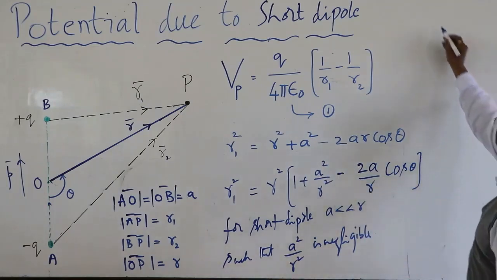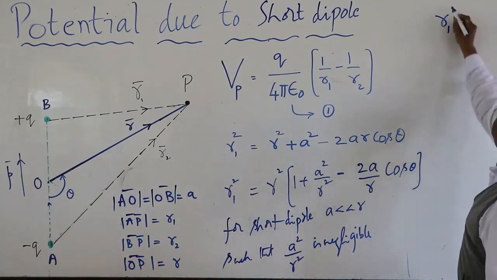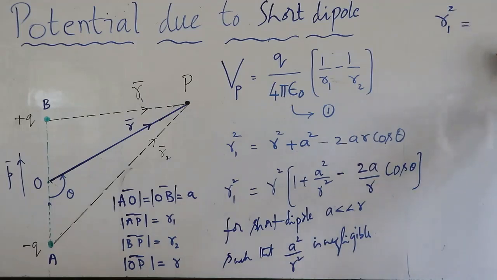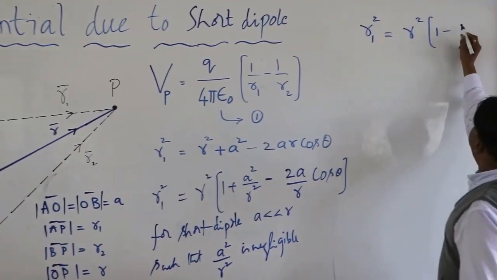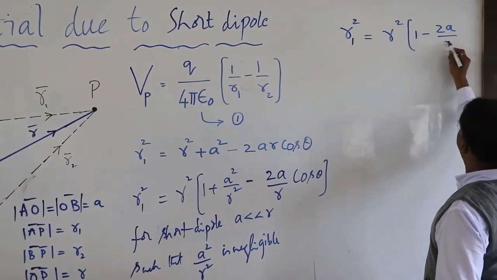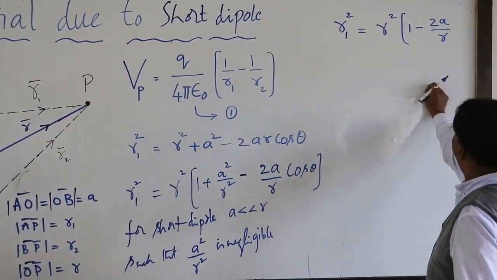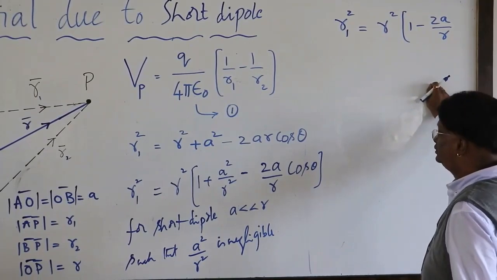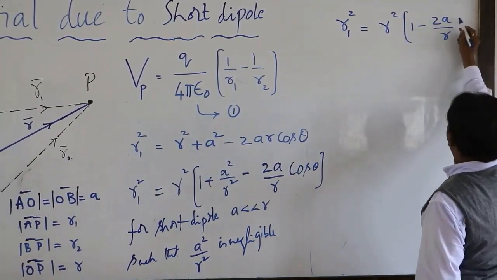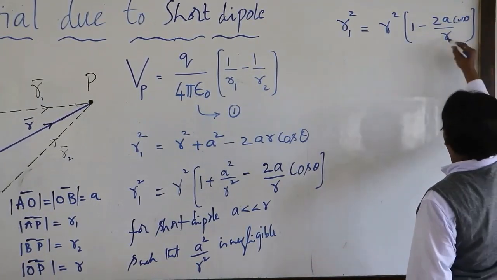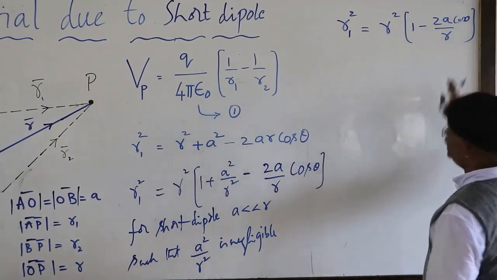Then the equation will be like R1 square is equal to R square times 1 minus 2a cos theta upon R, and this is whole under root.